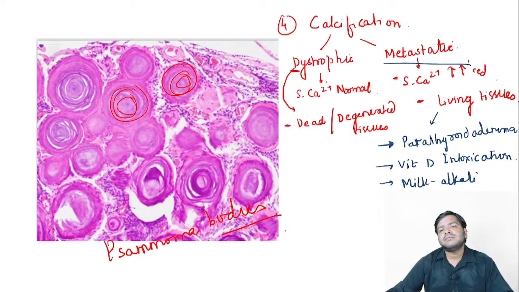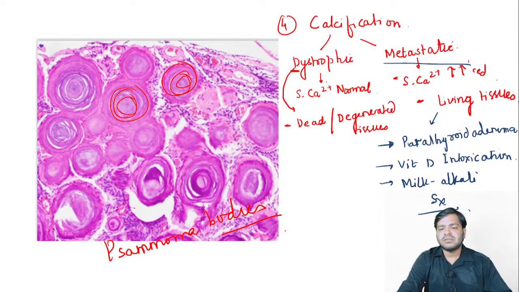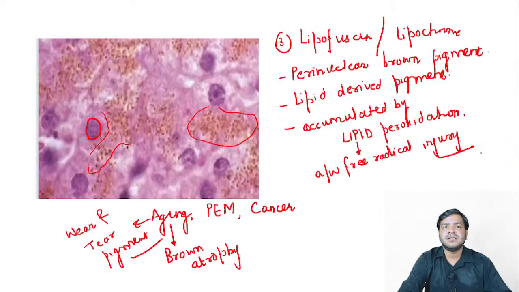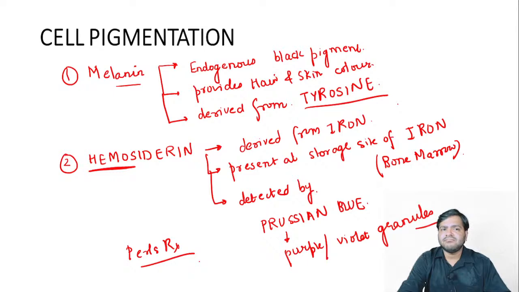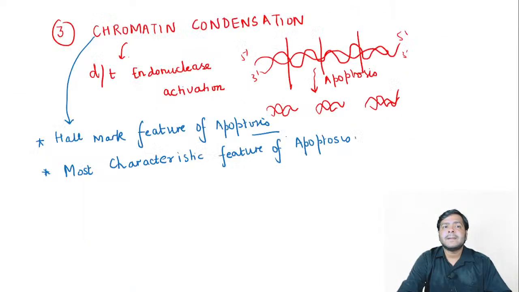So that's all for today. The calcification. I have discussed the different examples, the two types, dystrophic and metastatic. I have discussed the 2-3 types of cell pigmentation. I have discussed ferroptosis, necroptosis, pyroptosis.